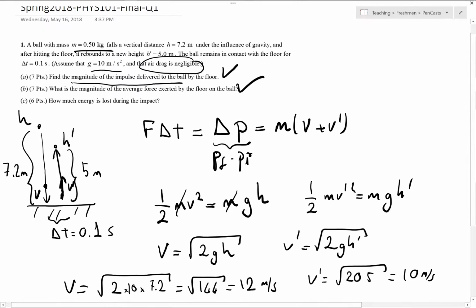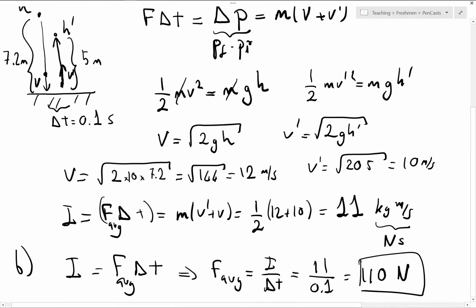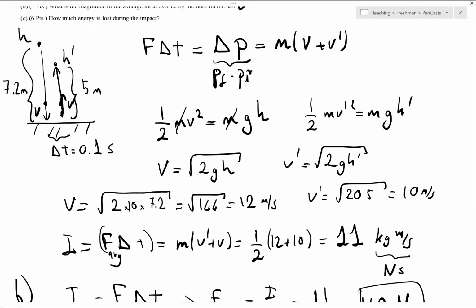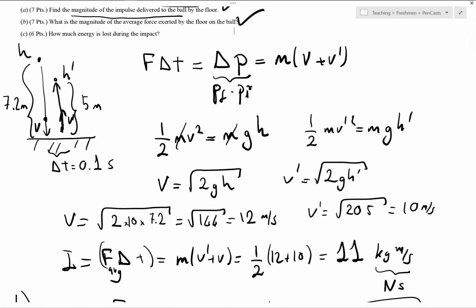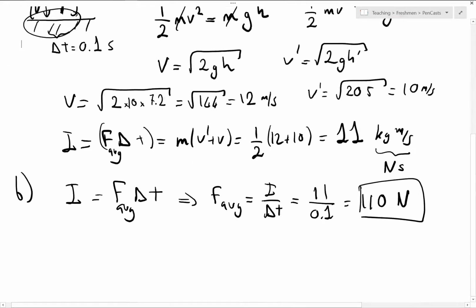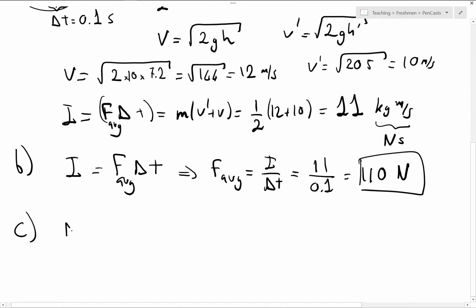How much energy is lost during the impact? Well, before the impact, this ball is free falling. After the impact, it's again doing motion which conserves energy. So the only loss happens during the collision with the floor. Delta E would be E final minus E initial. But I'm actually asked to find the energy lost.